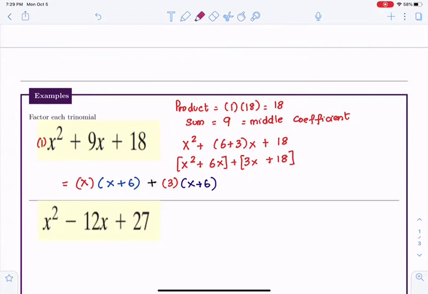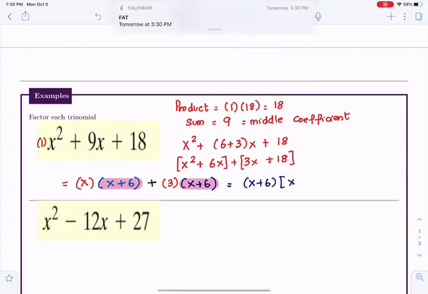Now that we've grouped it and written it this way, we could see that that part and that part are the same. So that is a common factor. We're going to do what we did in the previous video and pull that x plus 6 out. If I pull x plus 6 out of the first term, I would have x.